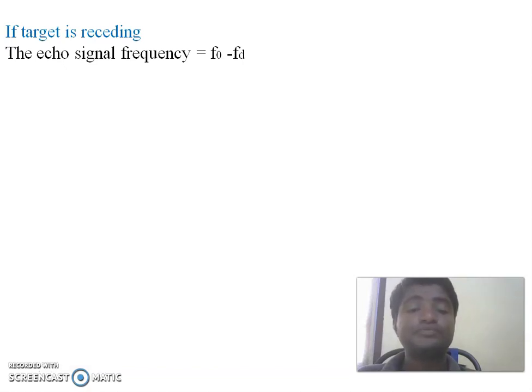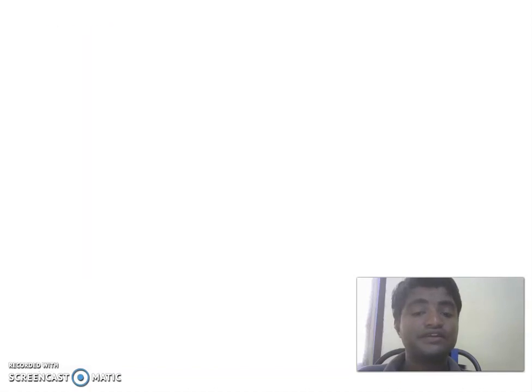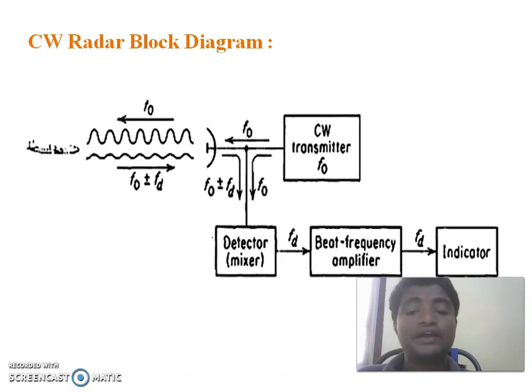Therefore, the echo signal frequency is f0 plus or minus fd. By observing this CW radar block diagram, the transmitted signal is f0 and the received echo signal frequency is f0 plus or minus fd.